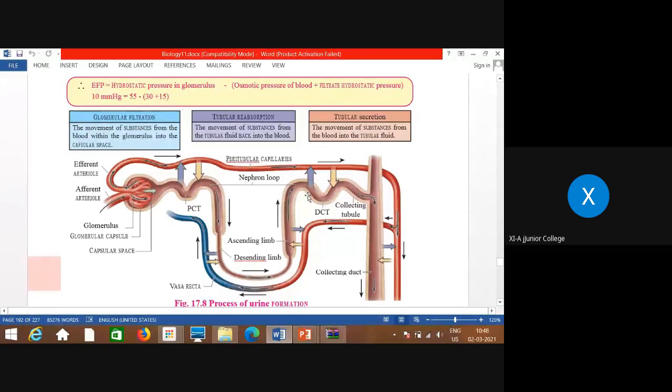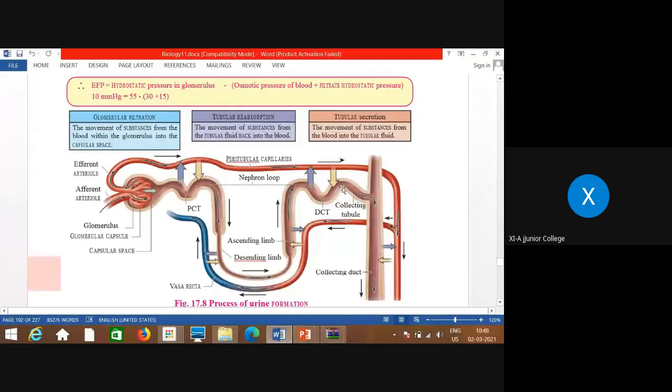So here this is called the urea cycle, because by simple diffusion the urea is diffused from the renal tubule, or can be absorbed again. So this takes place in this region, that is the DCT region.